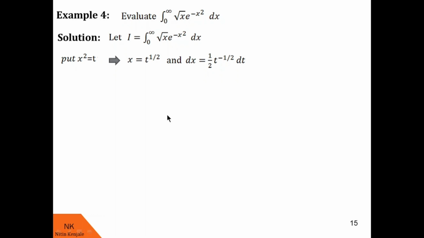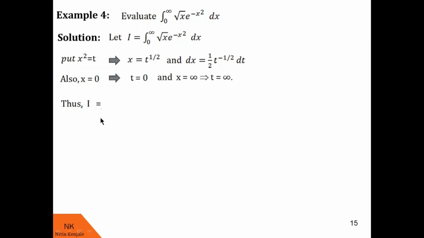Let us see what will be the limits for t when x square is equal to t is the substitution. For that, I put x value 0 here. So we see t is also equal to 0. Similarly, when we put x is equal to infinity in this statement, t will also become infinity. Now let us transform this integral from variable x to variable t.